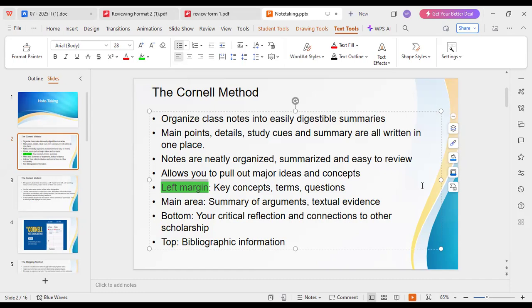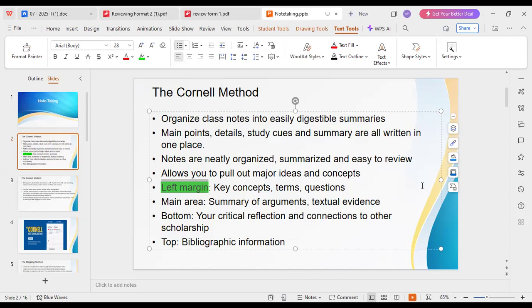So let's say that you may come across several Sanskrit and Pali terms which are specific to your study area. Then you can just jot down those. And also the questions. And what do we mean by questions here? Questions that these notes would provide answers for, right? So this column can become your study guide as it covers the main notes and also tests whether you can elaborate on these cues.